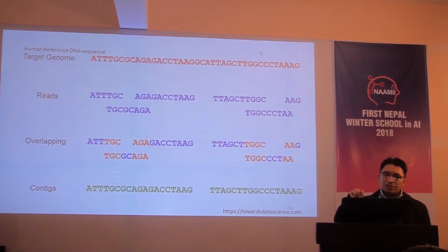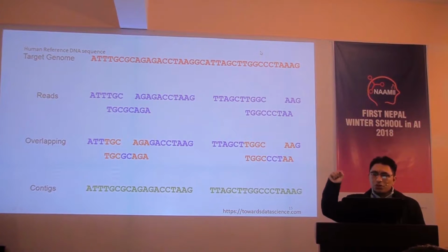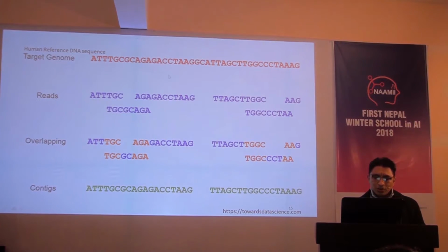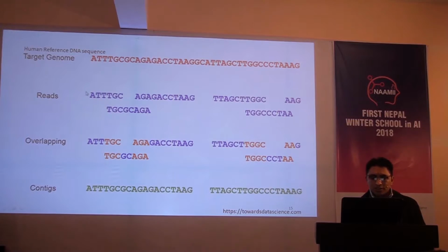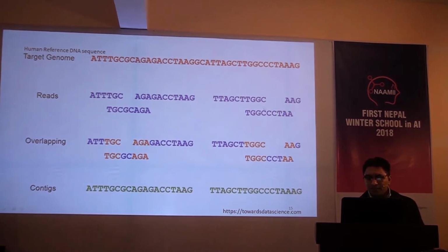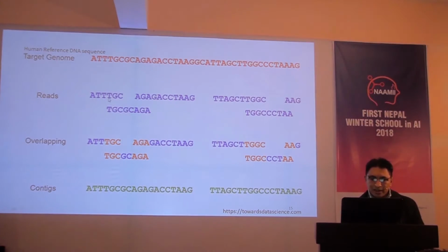Now we are trying to know the sequence of DNA in the cancer patient. By doing DNA sequencing, we can know all these small fragments of sequences, and then we can align them back to the human reference genome from the Human Genome Project.